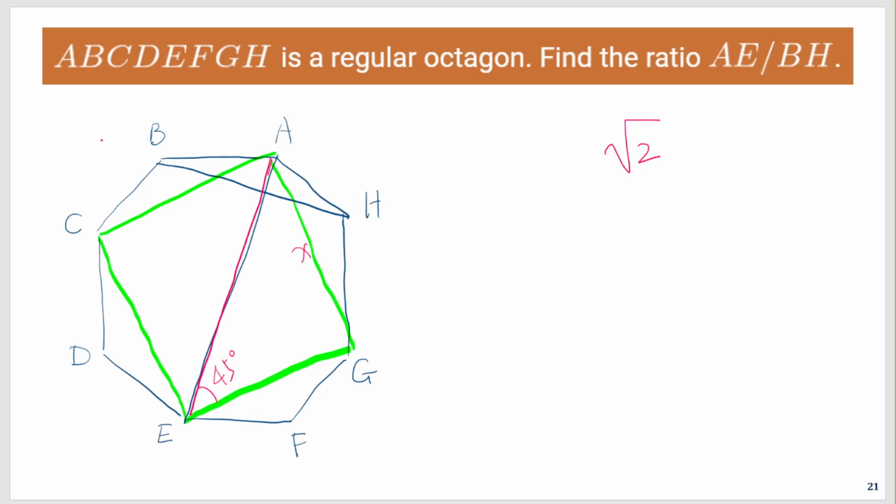If this side is x, then this side is also x, right? Then that side is square root 2 times x. So AE over BH is just square root 2 x over x, which is square root 2, right? Any questions?